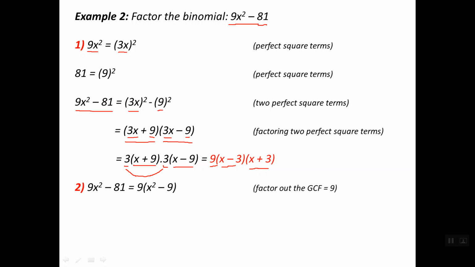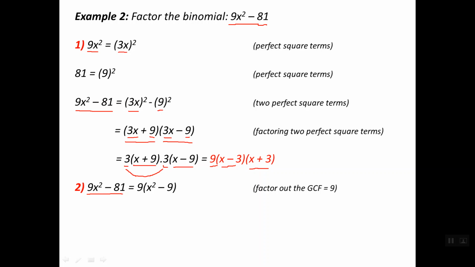We can use the same formula, but with a different technique. First, we can factor out the common factor before starting the factorization. So this is the original binomial.